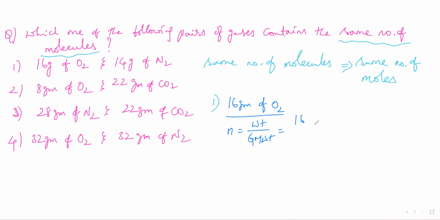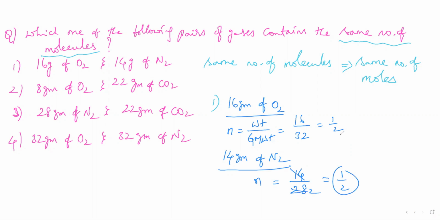Weight of oxygen is 16, gram molecular weight of oxygen is 32, so that is 1/2. Next, 14 grams of N2. Number of moles is weight by gram molecular weight, N2 is 28, so 2 times. So both are having same number of moles, right? So first option itself.